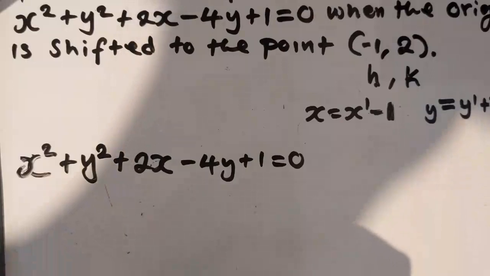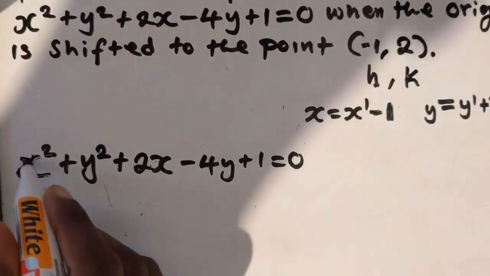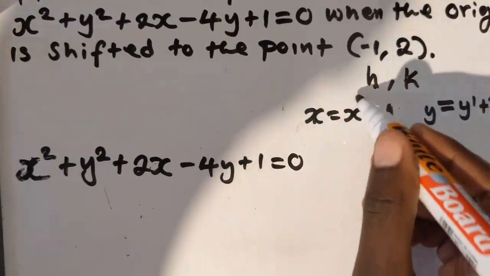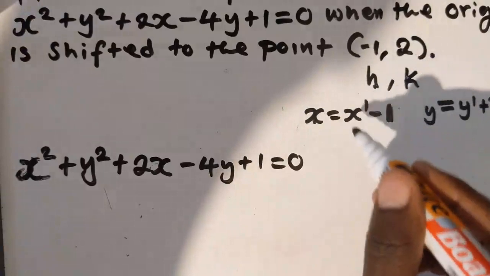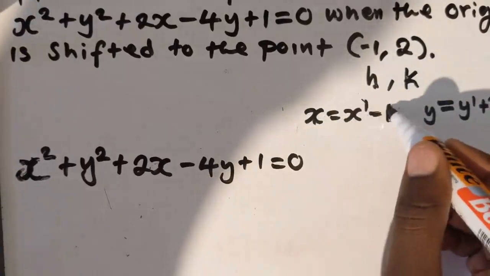Okay, so now you know that there is x in the equation. So x is supposed to be replaced with that. The value of x is x prime minus 1.